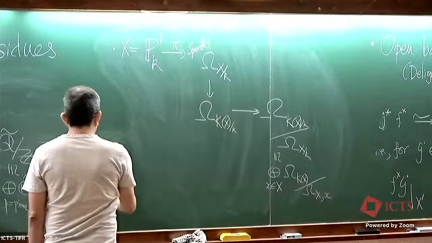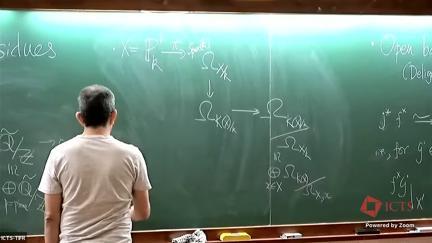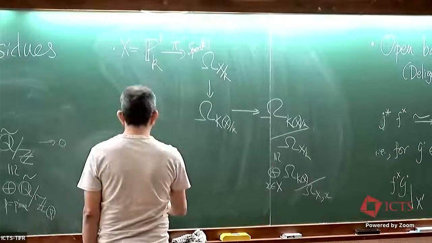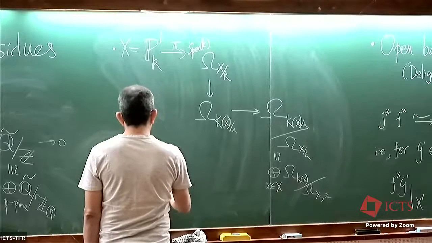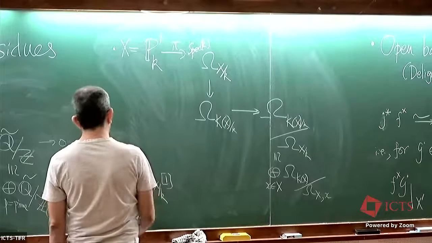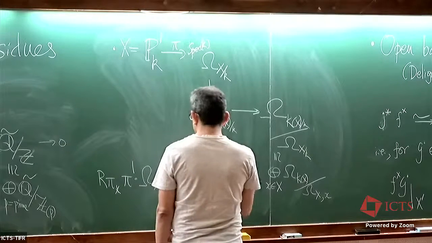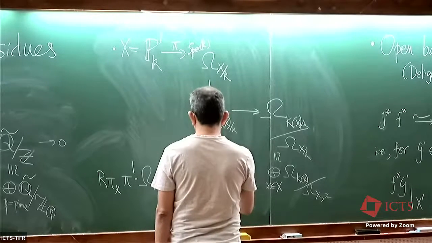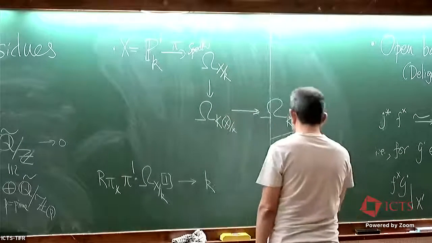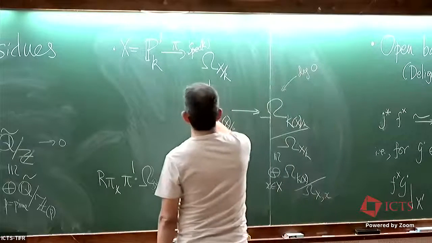Then general theory tells you that you have a natural co-unit map, pi upper shriek of omega_{X/K}, divided by 1 if you like. This is the dualizing sheaf to K. So this will be in degree 0, and this is in degree -1.